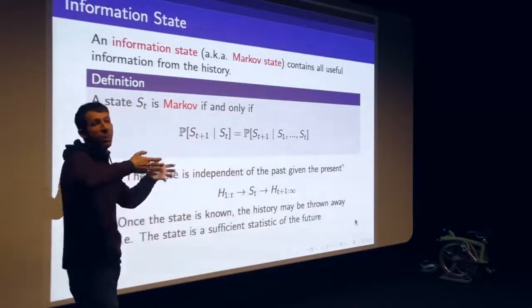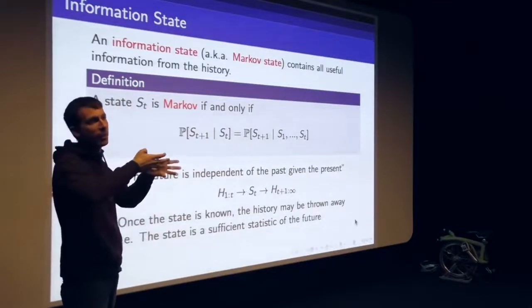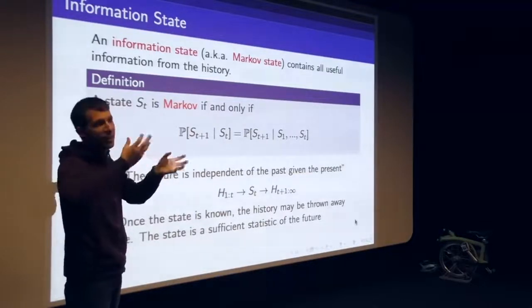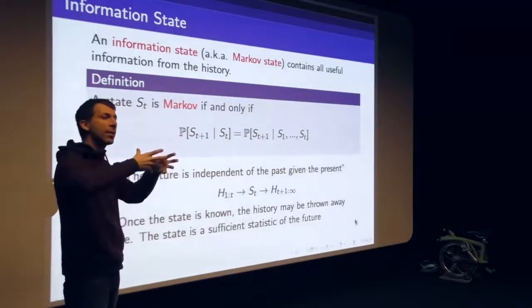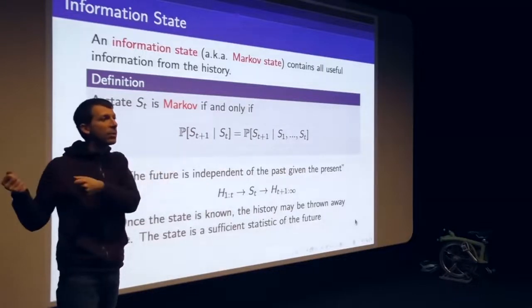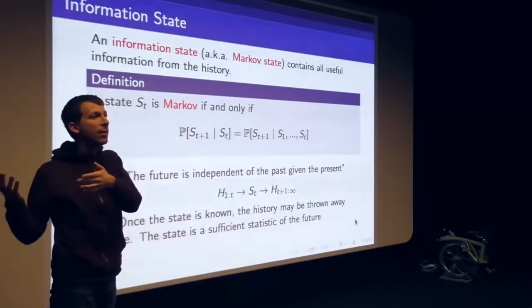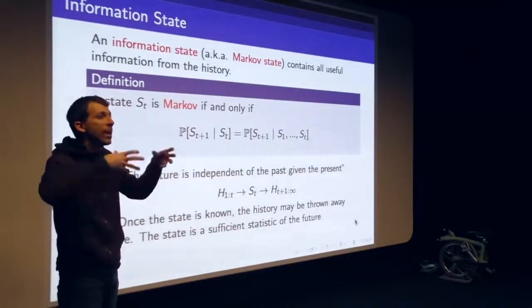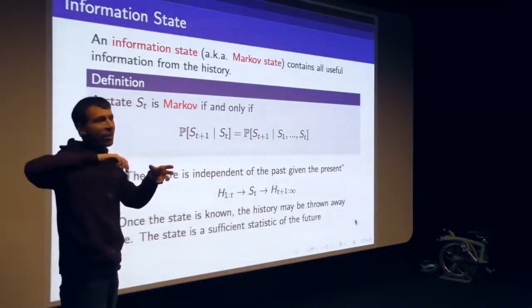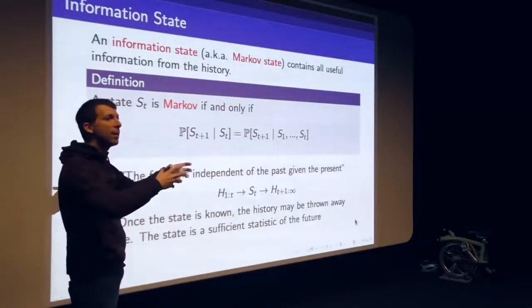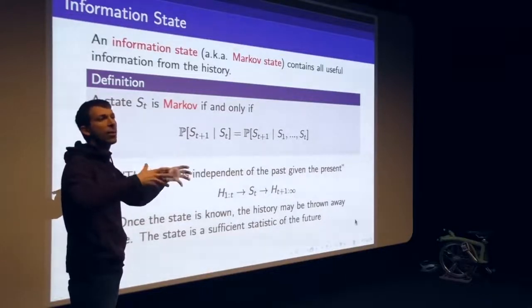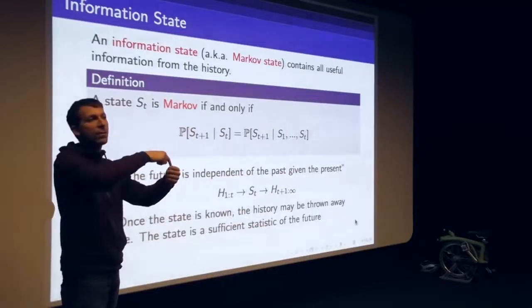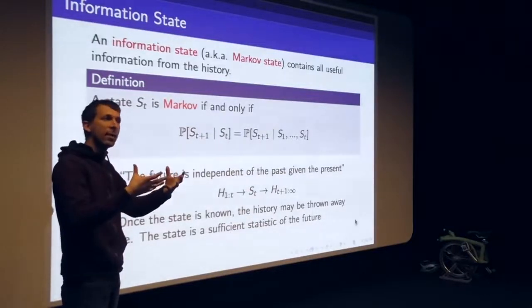Maybe you need to know the wind direction and things like that as well, but if you know all of those things, it doesn't matter what the position of the helicopter was 10 minutes ago. All that matters is where it is now, and the wind direction, and that will fully determine what will happen to the helicopter at the next moment. You don't need to remember the detailed history of its previous trajectory, because it's irrelevant.